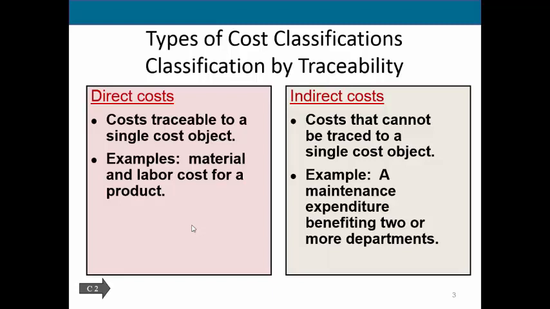So we can easily trace that these 2 tires went to this one product. We can't split tires between 2 different bikes because half a tire would do no good. So we can easily trace a specific tire to a specific product, and then we can apply the cost of that tire to that specific bike.